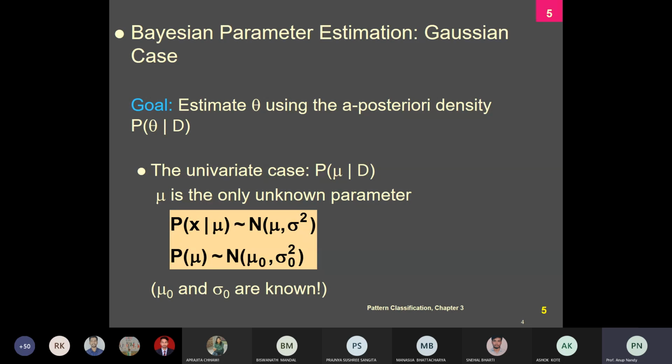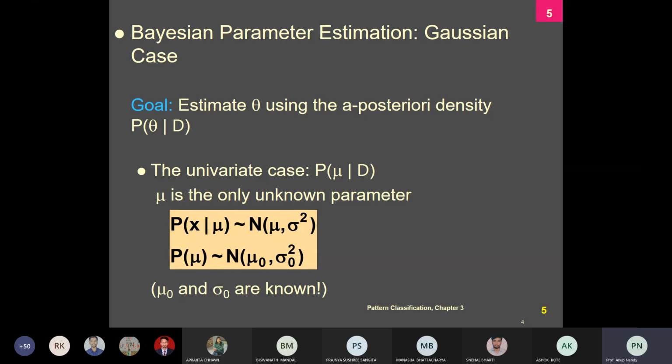Even in the MLE method, if you take the logarithm and take the differentiation, you can find the maximum or minimum. That is why in every case we take the Gaussian case: it is easy to handle and it is a very good parametric form. You can easily estimate mu and sigma.